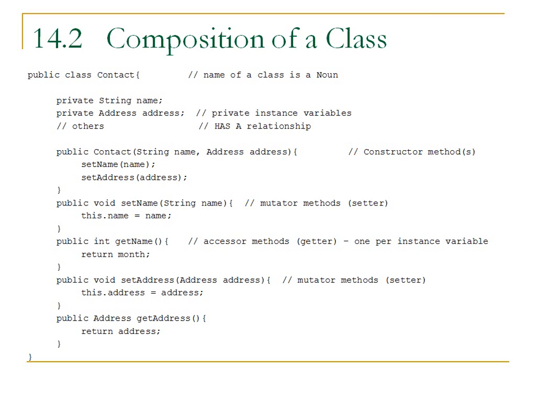So look at the data types that we're using. For the contact's name, we're using the data type String, and for the contact's address, we're using the data type Address. So we're composing a contact class from objects of other classes that we've also created.